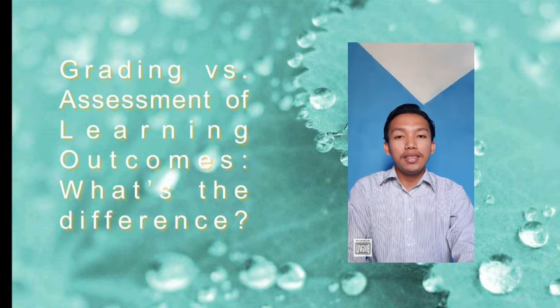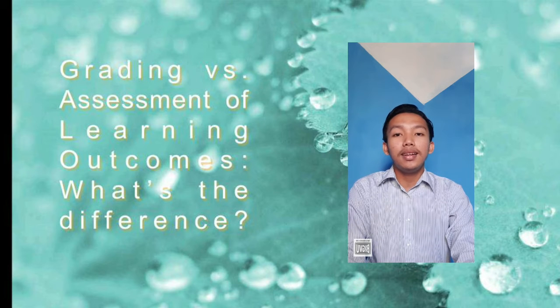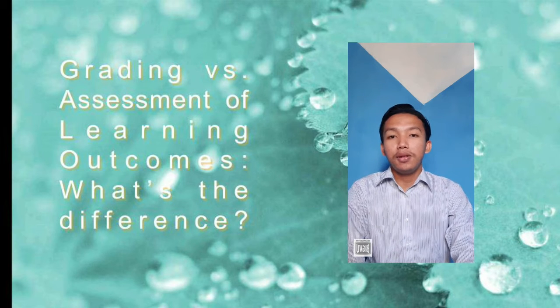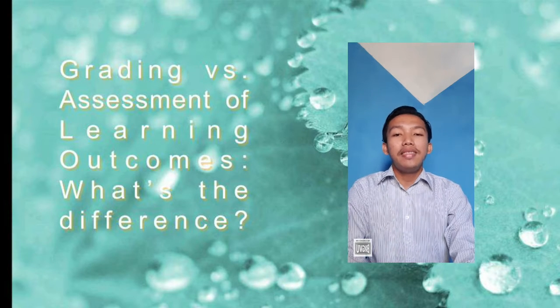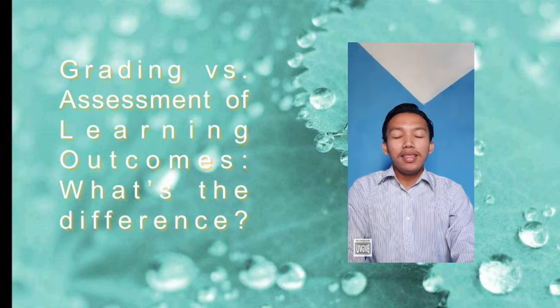Instructors' grading criteria often include behaviors or activities that are not measures of learning outcomes, such as attendance, participation, improvement, or effort. Although these may be correlated with learning outcomes and can be valued aspects of the course, typically they are not measures of learning outcomes themselves.